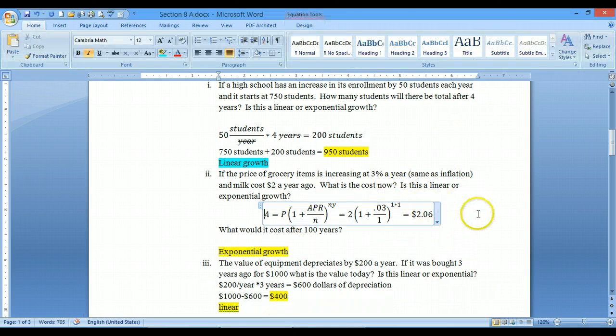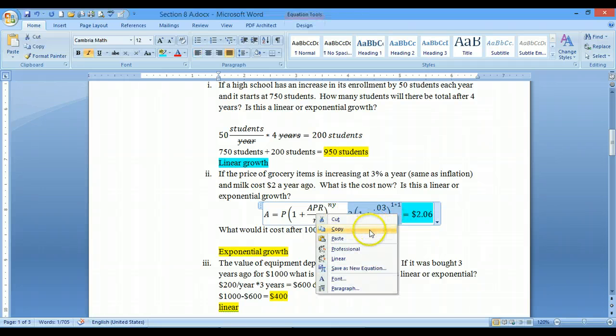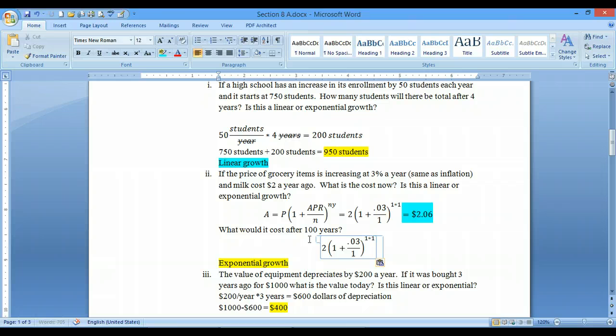I'm going to delete that so that my notes continue to line up. And once again, make sure that this is the answer. Highlight it in some fashion. Turquoise sounds good. All right, now this is convenient because what would it cost after 100 years? Now that I've typed this in for you once, I'm just going to copy this and paste it down here to show you how to speed things up in yours, and change y to 100.